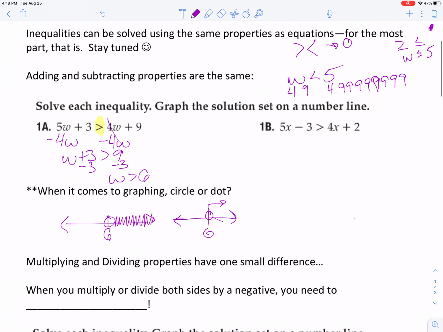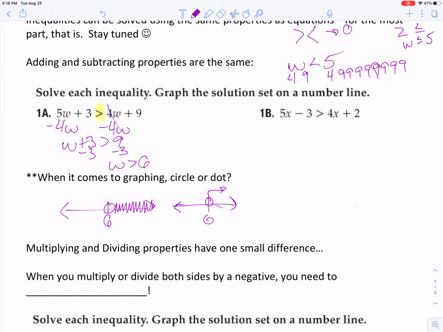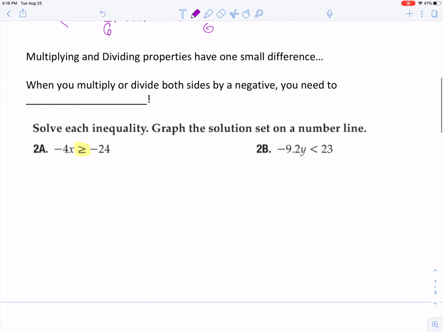Let's go ahead and try where we have multiplication and division. When you multiply or divide both sides by a negative, you're going to need to flip the sign. Solve each inequality. Graph the solution set on a number line.